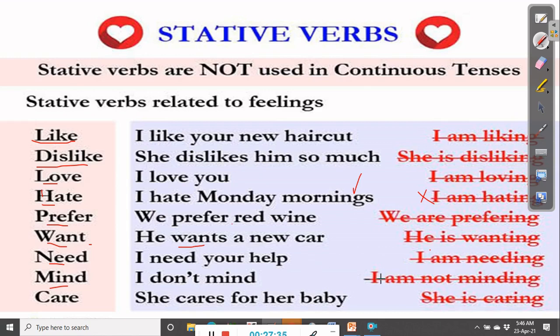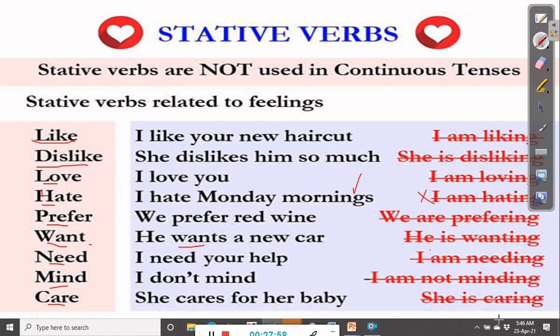And so when you use these stative verbs that are related to expressing feelings in continuous tenses, you commit grammatical errors. Then another one is care. She cares for her baby. She is caring. All right?